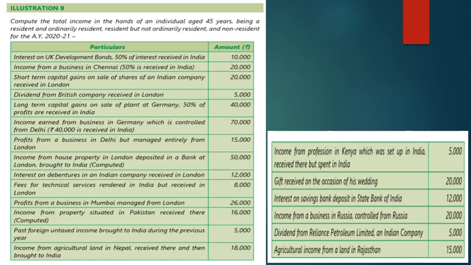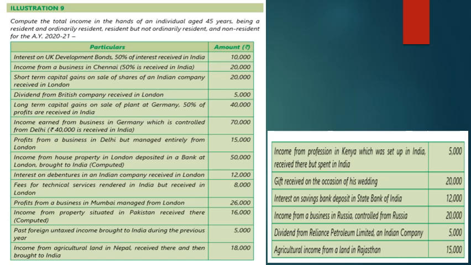Income from property situated in Pakistan received there, computed 16,000. Past foreign untaxed income brought to India during the previous year, 5,000. Income from agricultural land in Nepal received there and then brought to India, 18,000. Income from profession in Kenya, which was set up in India and received there but spent in India, 5,000.